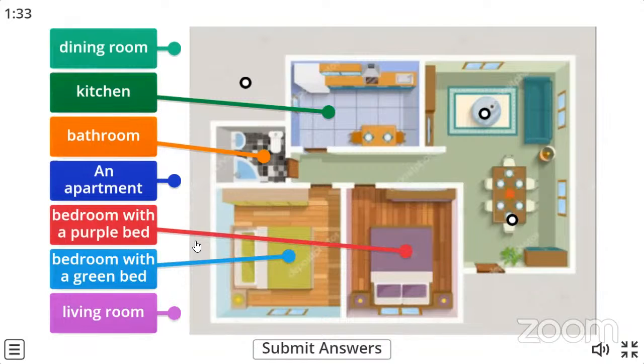And a living room? Next to the bedroom with the purple bed. No. It has a rack, a coffee table, a sofa.